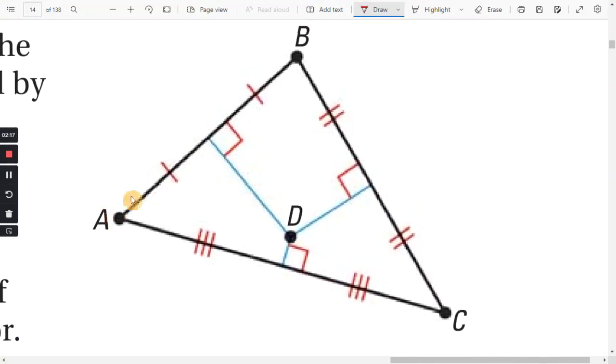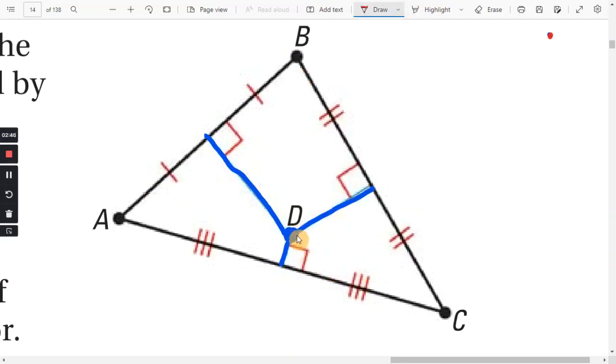Once they constructed the triangle, they drew in the perpendicular bisectors. You see here, this blue line is perpendicular and it bisects. Same with this blue line segment and this one. They all meet at point D. And we said a minute ago, the perpendicular bisectors meet at a point that is the same distance from all the vertices.